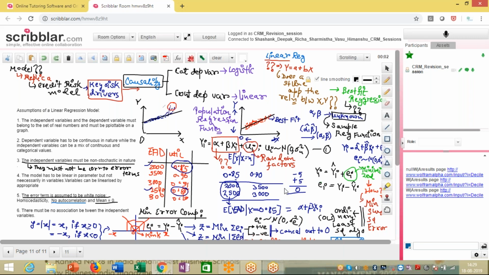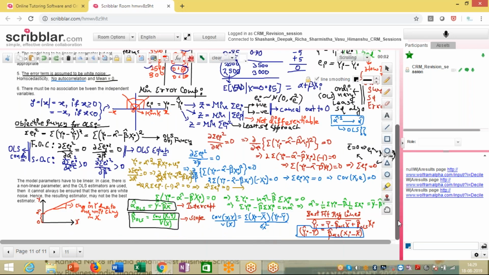We talked about how OLS estimation is done. How is it that the sum of squares of the errors is minimized? And we also had a discussion on the interpretation of each of the OLS estimates, the alpha hat and the beta hat OLS.